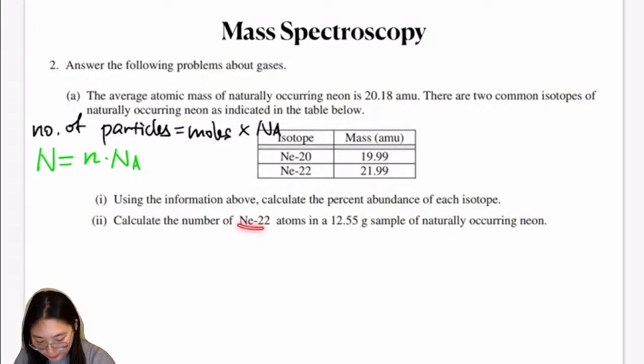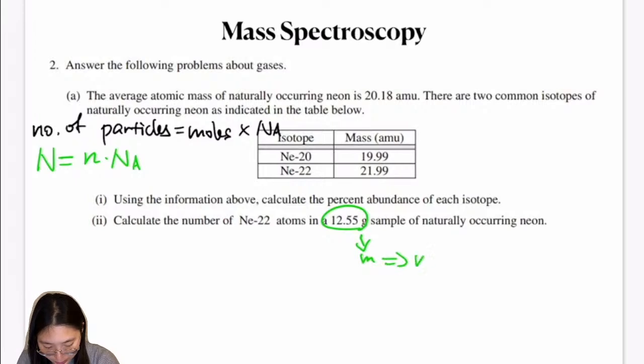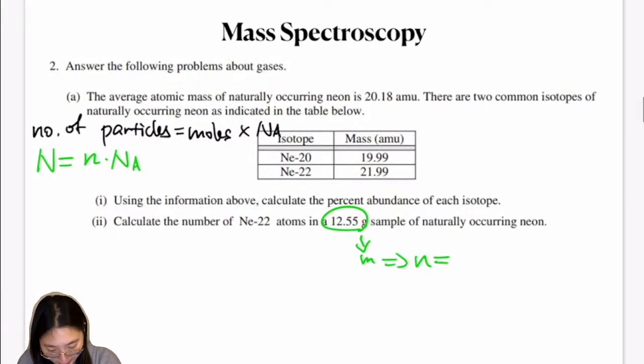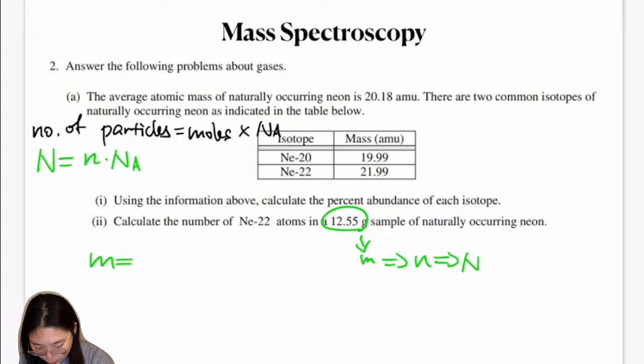To calculate the number of neon-22 atoms, I need to calculate its moles first. We're given 12.55 grams, which is mass. So for mass, we need to calculate the number of moles and then calculate the number of particles. Again, the conversion between mass and moles: mass is equal to number of moles times molar mass.